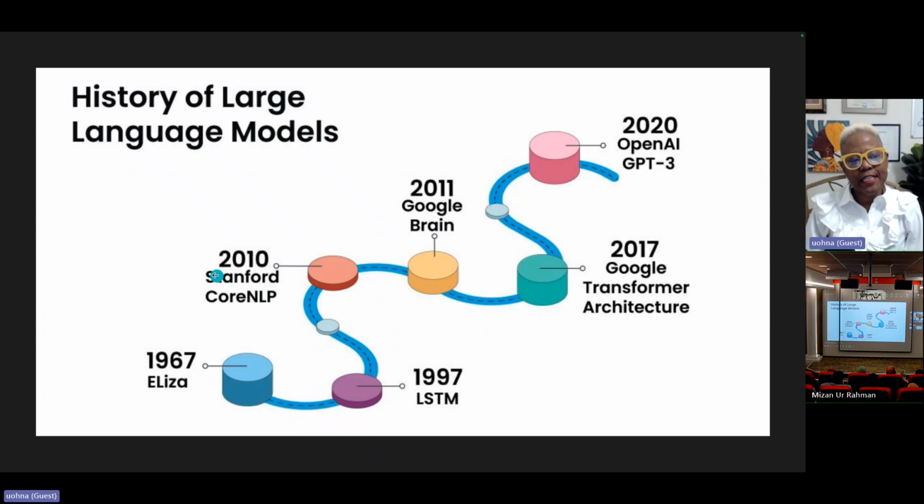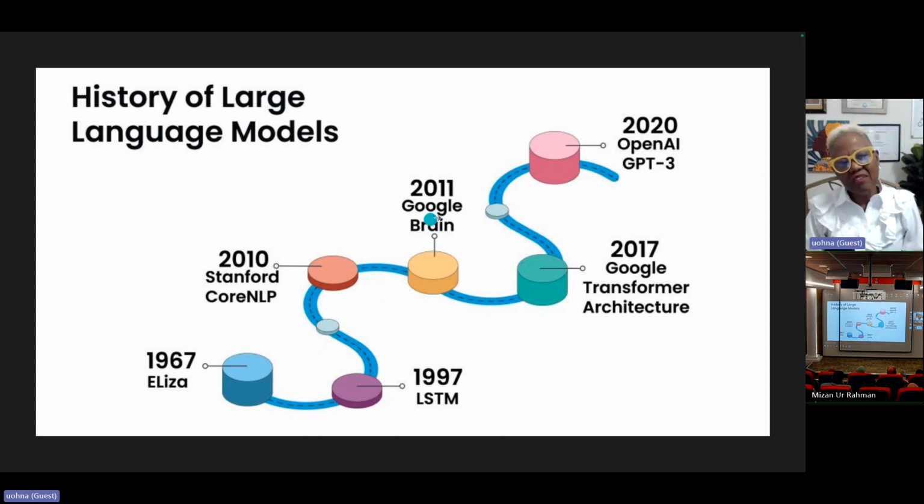Then in 2010, CoreNLP was developed at Stanford, using linguistics, sound technology, and computer science to help computers break down our language, make sense of it, and understand what's happening.